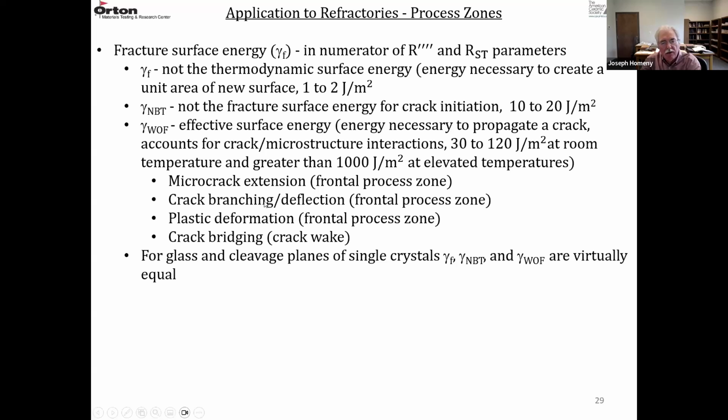The higher that ratio, the more thermal shock resistant is the material. So in refractories, people are usually measuring these two surface energies, setting the ratio, and anytime you develop a microstructure that has a high ratio of those two, it'll have good thermal shock resistance.